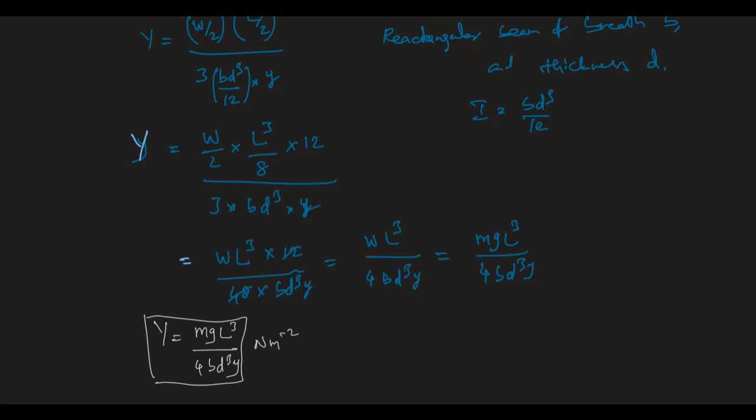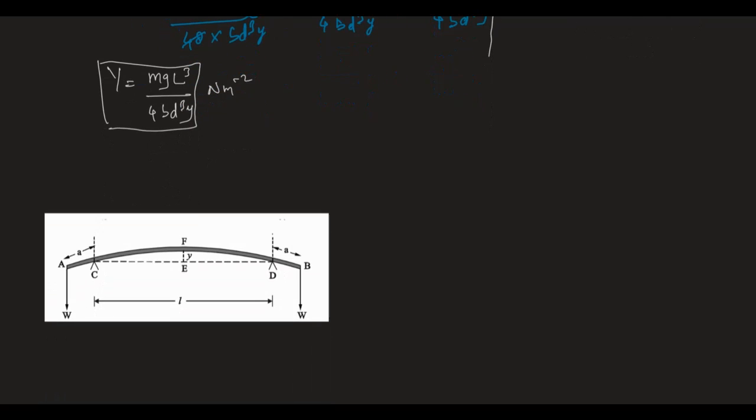So Young's modulus will be mass, the acceleration of gravity, and L cube, length of that beam within the two knife edges, and the breadth and thickness and the depression created. So these things will help us to find the Young's modulus. If you are approaching the uniform bending method, that is quite tedious, but it is simpler, we are able to do it.